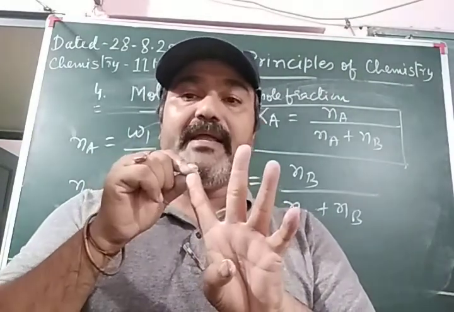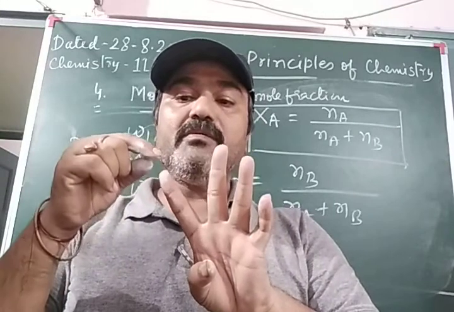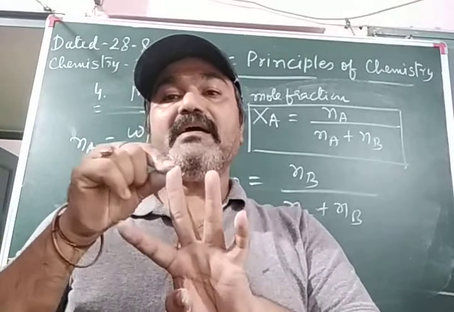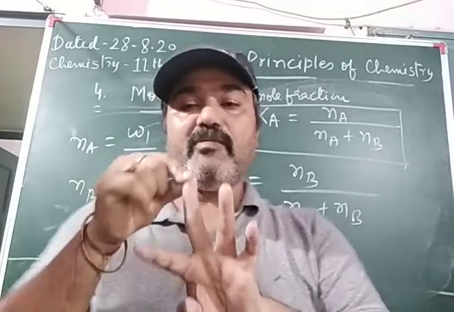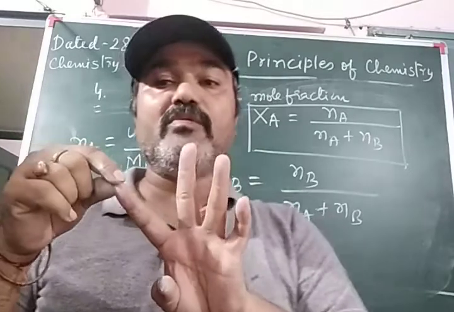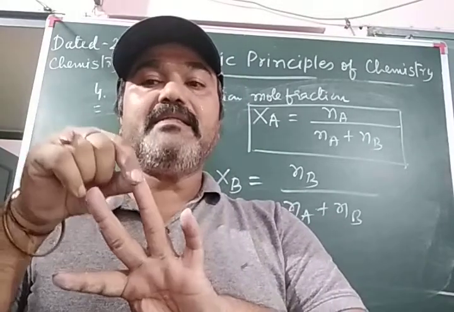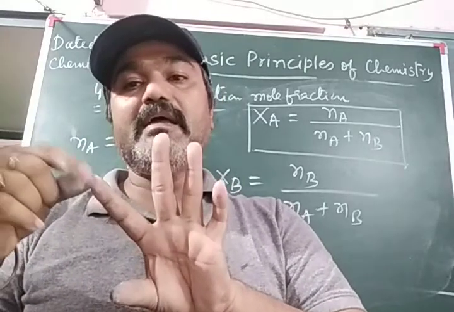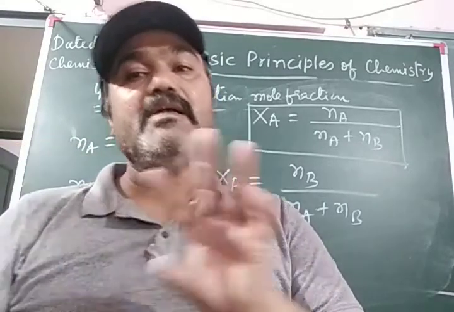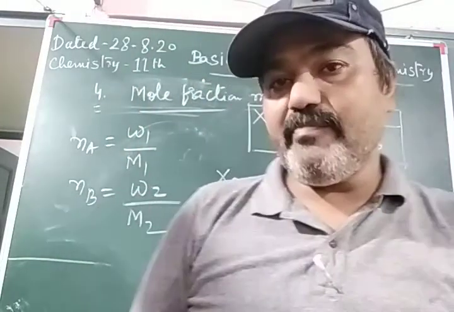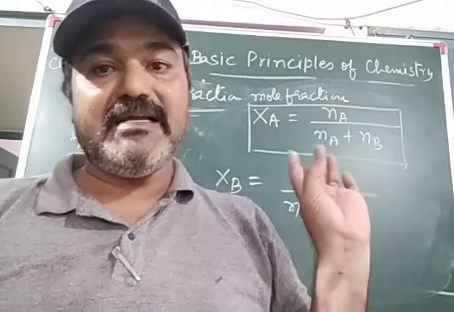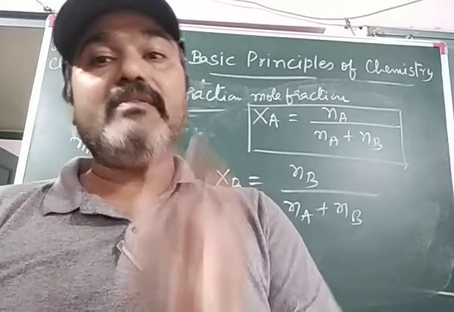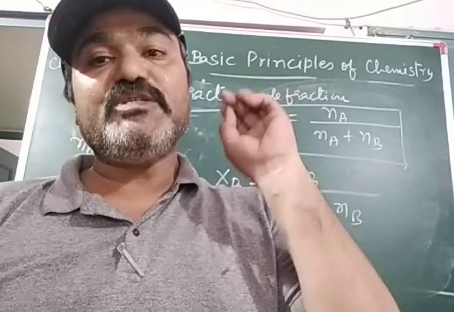Number of moles of A divided by the number of moles of A plus B plus C plus D. ओके. B का क्या हो जाएगा मोल फ्रैक्शन? Number of moles of B divided by the number of moles of A B C D. ऐसे C के लिए Nc upon Na plus Nb plus Nc plus Nd. तो इन सब का सम, जितने भी कंपोनेंट, suppose n components are there in the solution, so the sum of the mole fraction of all the n components will be always 1.